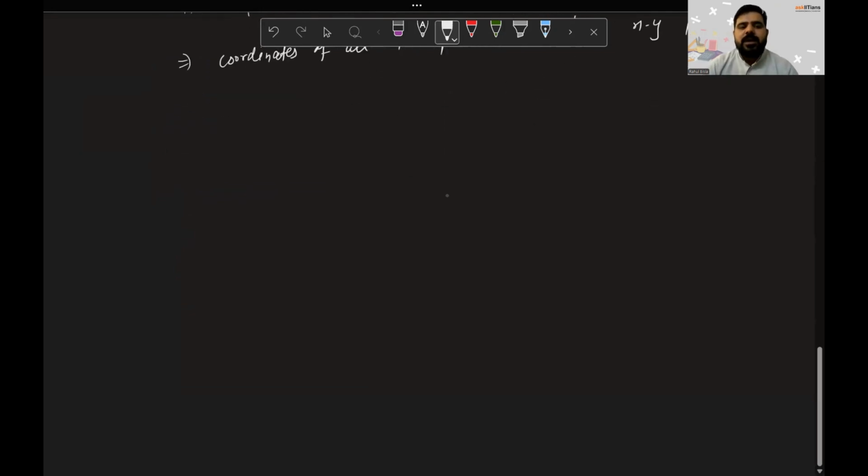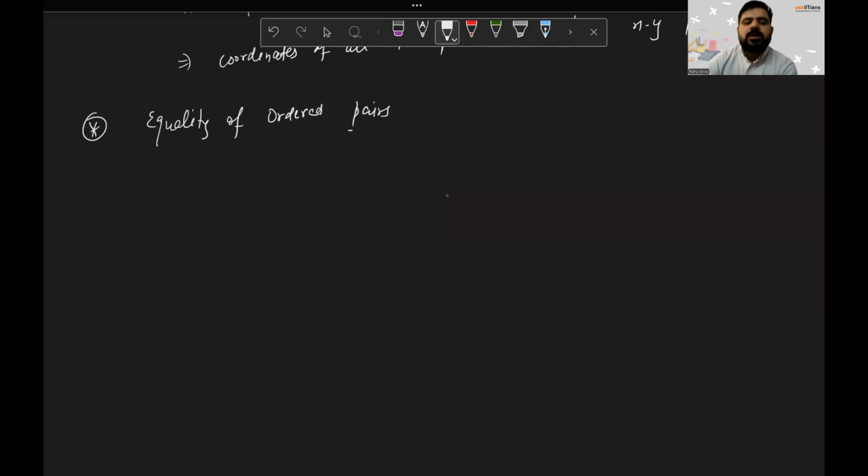The next part that we'll have here is equality of ordered pairs. When can we say two ordered pairs are equal? If we have x1 comma y1 equal to x2 comma y2, this will simply mean that the first element x1 should be equal to x2, and y1 should be equal to y2.